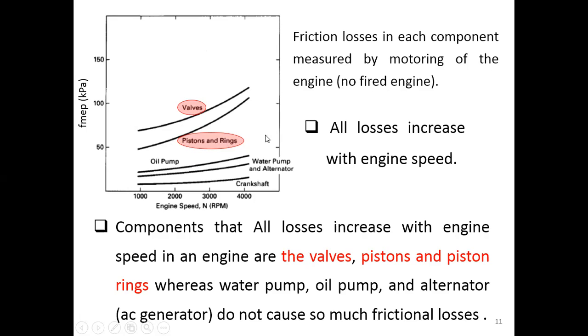If you look closely, the highest amount of friction loss happens at the valves and the piston and rings. For other components below here, such as the oil pump and the alternator, the friction loss is considered small when compared with the losses at the valve and the piston.